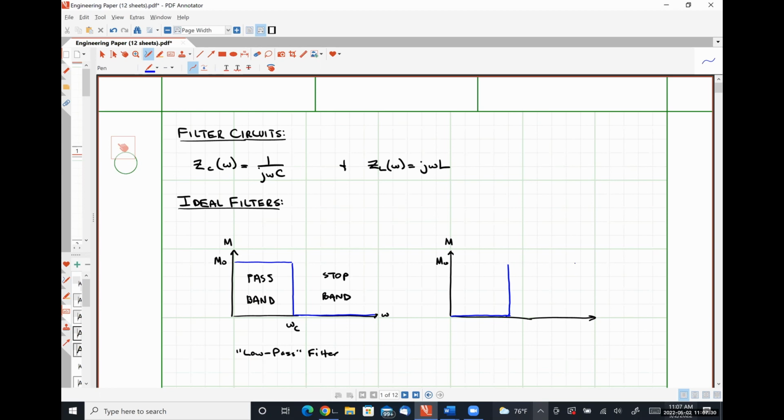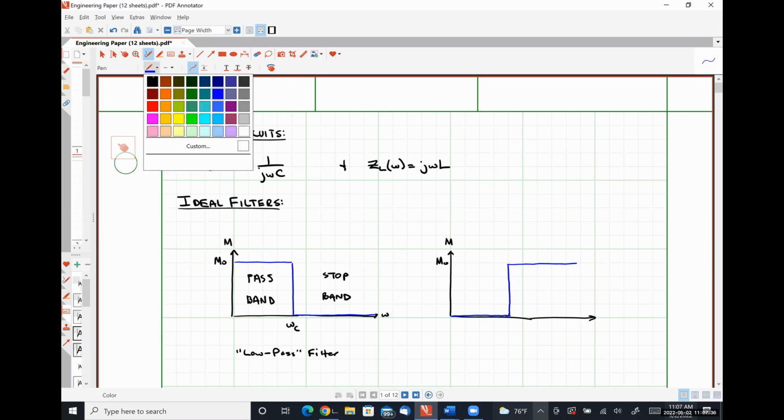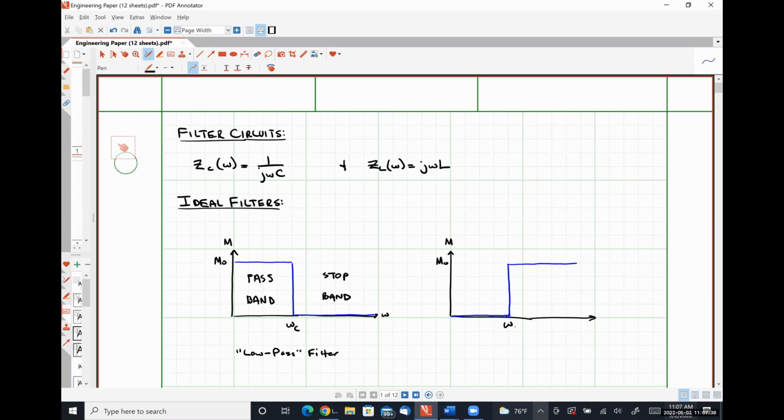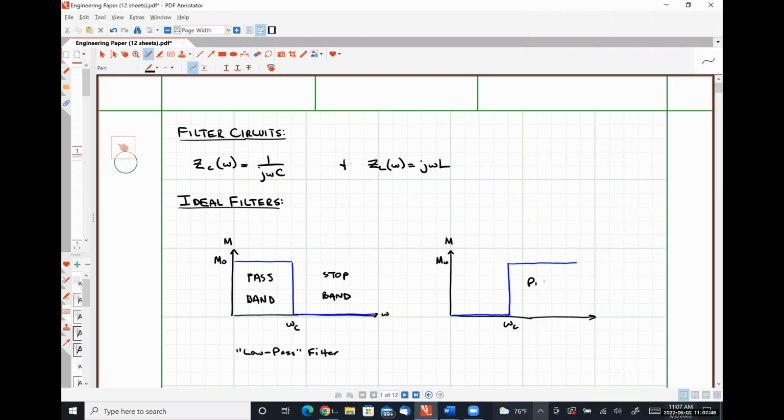And then at our corner or cutoff frequency, we then start to pass signals. So here's our corner frequency. Everything above omega c is our pass band, and everything below, sorry, is our stop band.